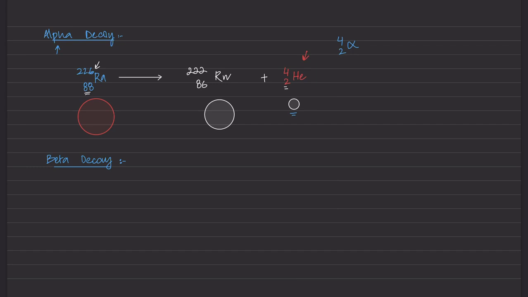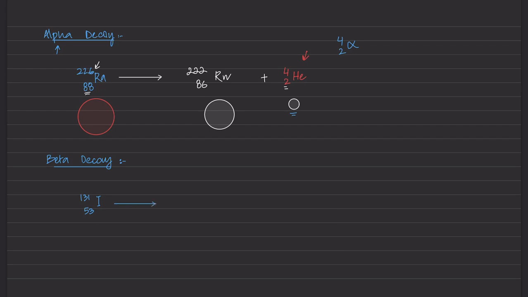So I'll give you an example. Let's say we have iodine-131, with proton number 53. Now what leaves from this?